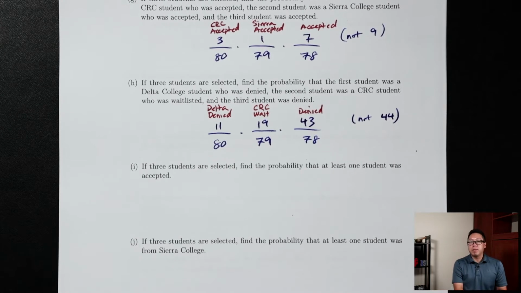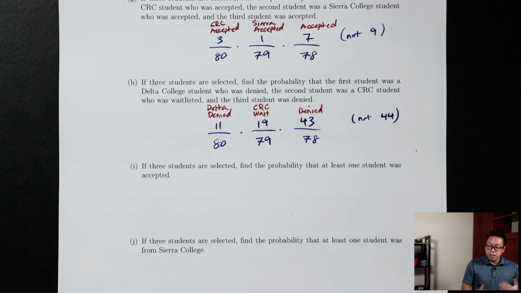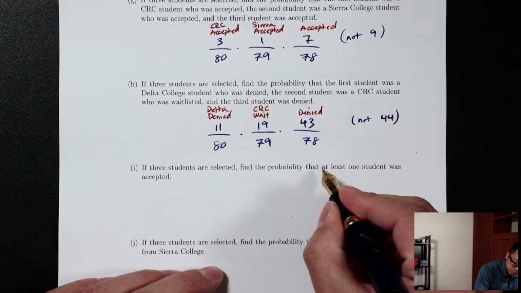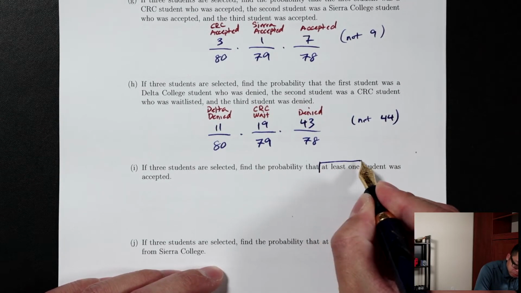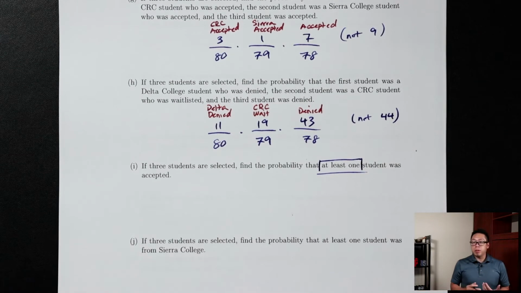Part I, if 3 students are selected, find a probability that at least 1 student was accepted. Keyword here is the word at least 1. So anytime we're trying to find a probability of at least 1 something, we're going to use the complement.